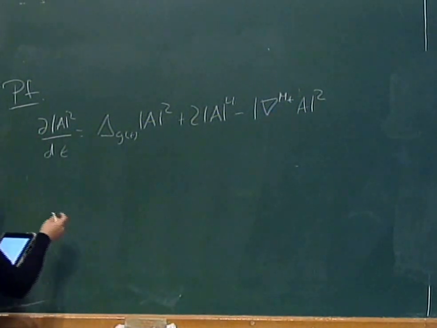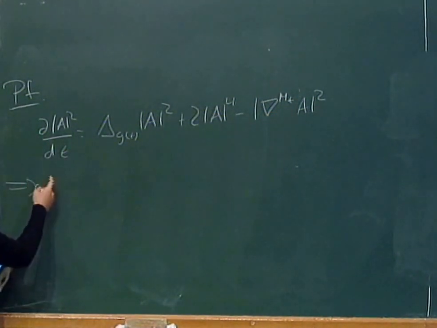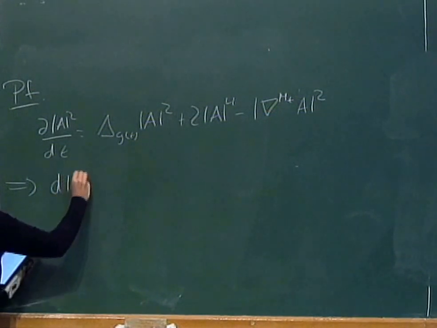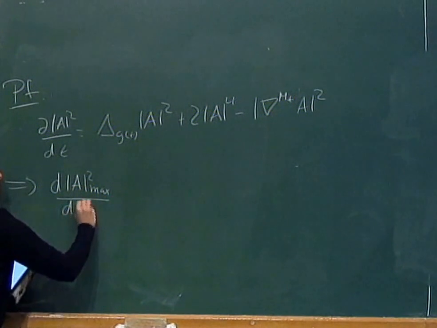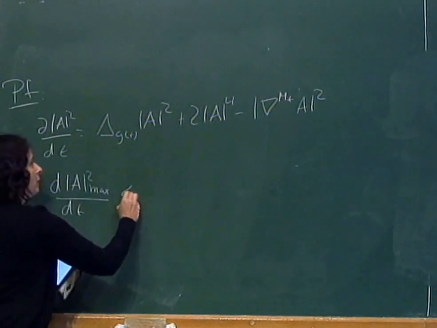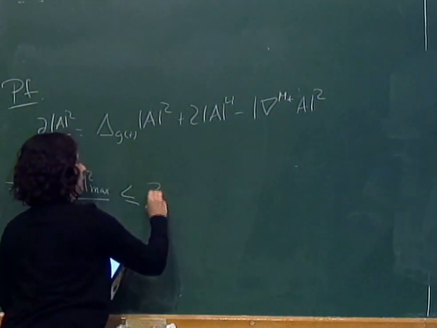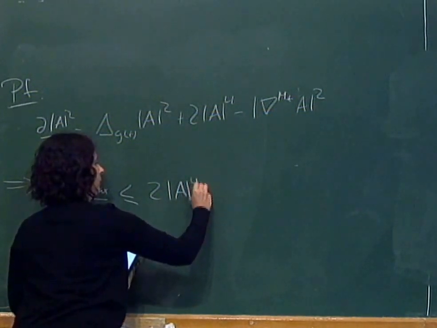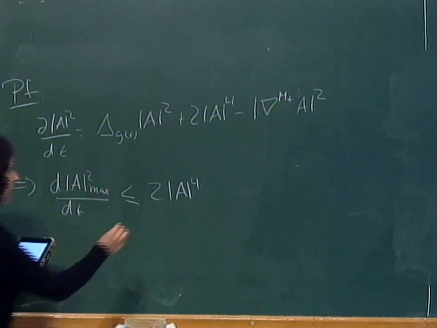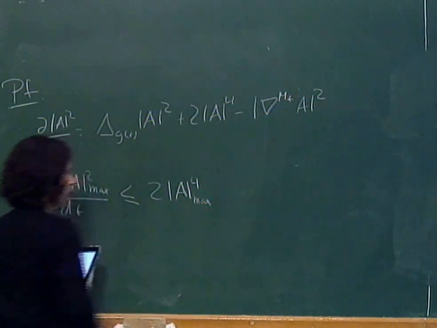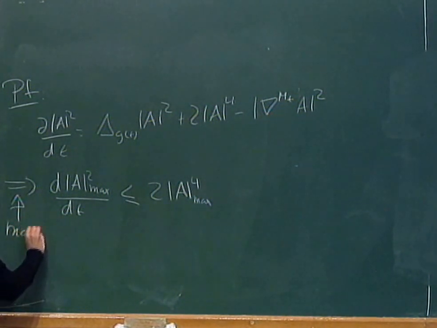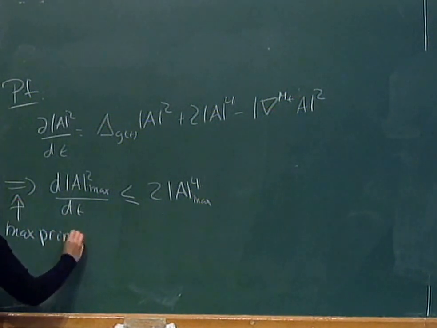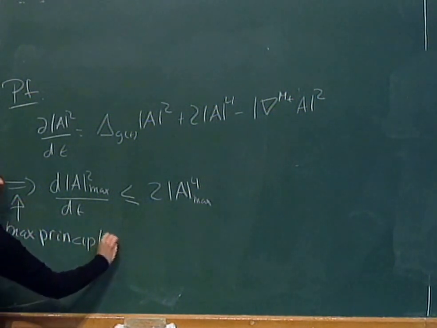At the maximum, because of my lemma before, this just becomes d of |A|² max over dt. This is something that has a sign. This is 0, so I just get this at the maximum. So this was my maximum principle theorem. And now I can just integrate.